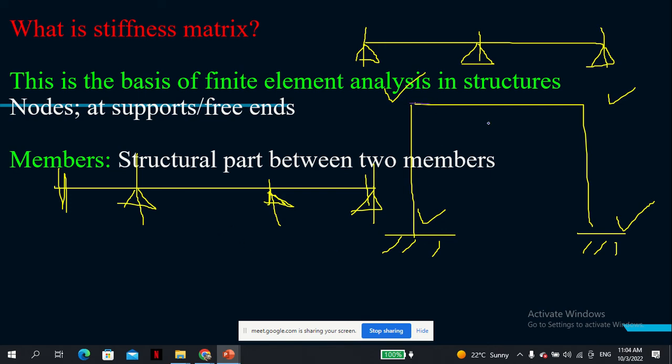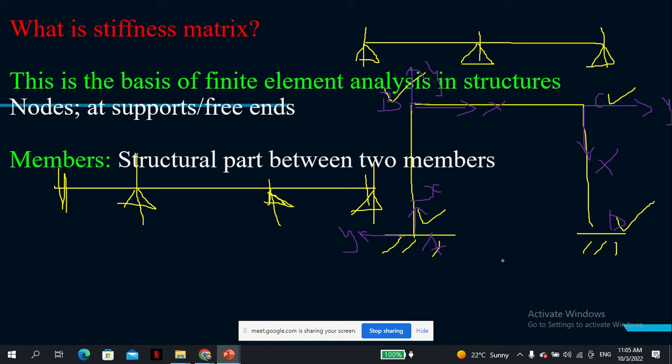For this structure, for example, the beam, if you consider members, let's say A, B, C, and D. If you consider the individual members, the axis direction for this is, let's call this Y, and that is X. And for this member BC, this is Y, and this is X. For member CD, this is Y, and that is X.